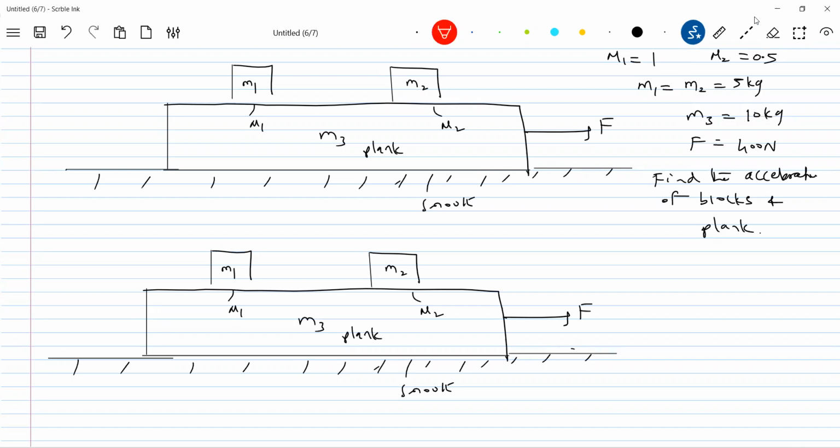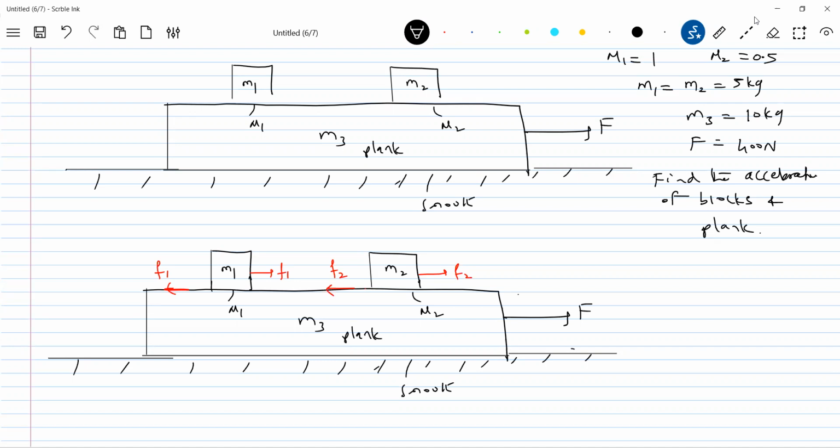I'll proceed in the same way. The friction that makes this block move along is F2, and on the plank, I have to show it here, and on this block F1, and on the plank, this F1. Okay, this assumption like this. I just picked this up from Pathfinder. Typically, we do with only one block placed on the plank. More than one block also comes, no problem.